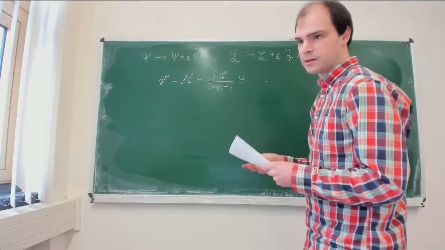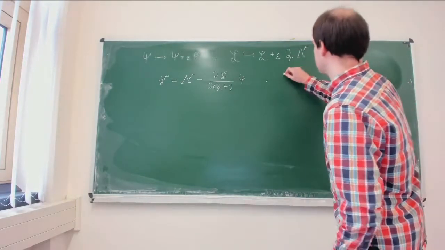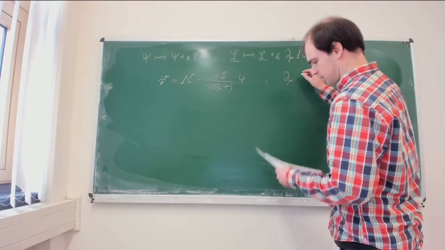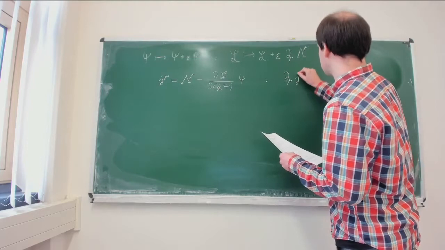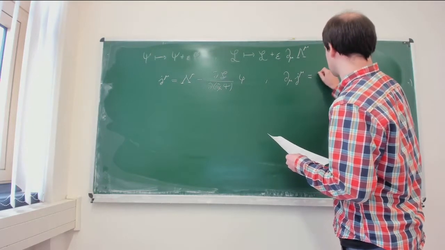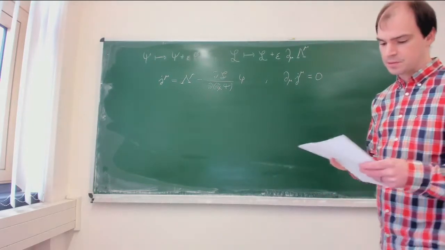And the fact that this is a conserved current means that the four-divergence d mu J mu equals 0.